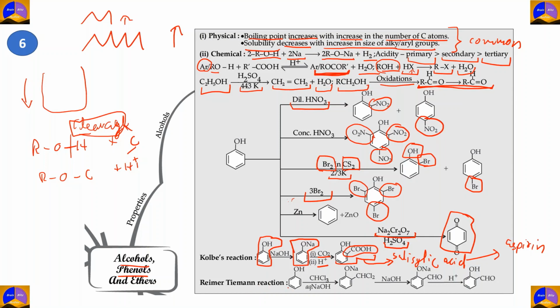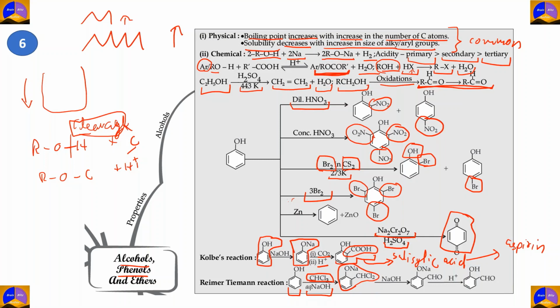In the Reimer-Tiemann reaction, the phenol reacts with chloroform and aqueous sodium hydroxide to give this compound. It's a phenoxide compound, but also contains a CHCl2 component.